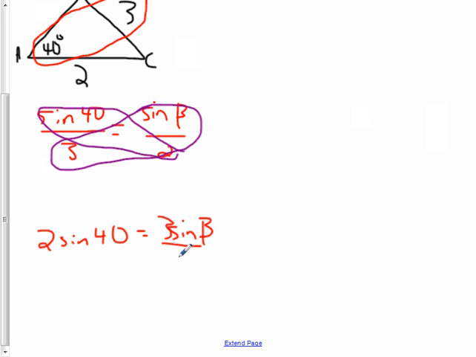So then we divide everything by 3. So you get 2 sine of 40 over 3 equals the sine of beta.